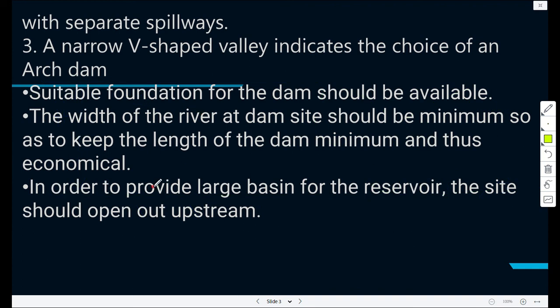Now the foundation: water can seep through the foundation, and you need to control that. Otherwise, erosion will occur, and if the seepage is not controlled, you might not have your dam anymore.